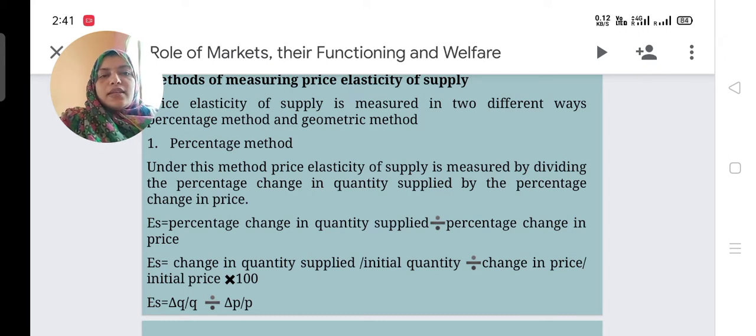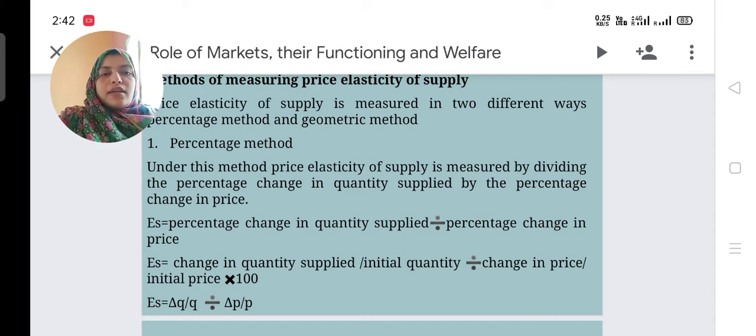That is, ES equals the change in quantity supplied divided by the initial quantity. Initial quantity means the first quantity supplied by the seller. Then the change in price divided by the initial price. Initial price means the first price. Then that is multiplied by 100.